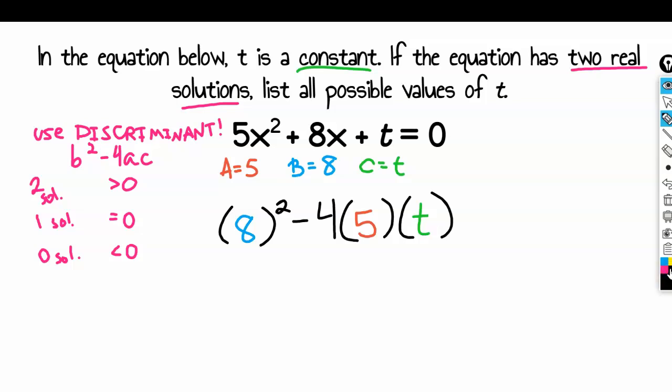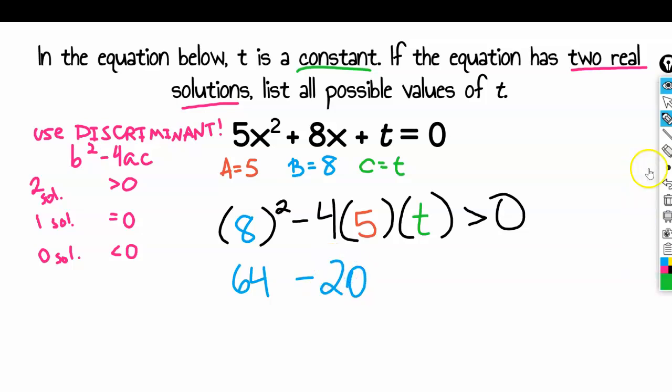And then since it says two real solutions, greater than 0. Now, this is where you can use your calculator. 8 squared, you can use your calculator for that. So 8 times 8, it's 64. 4 times 5 is 20. Woohoo!